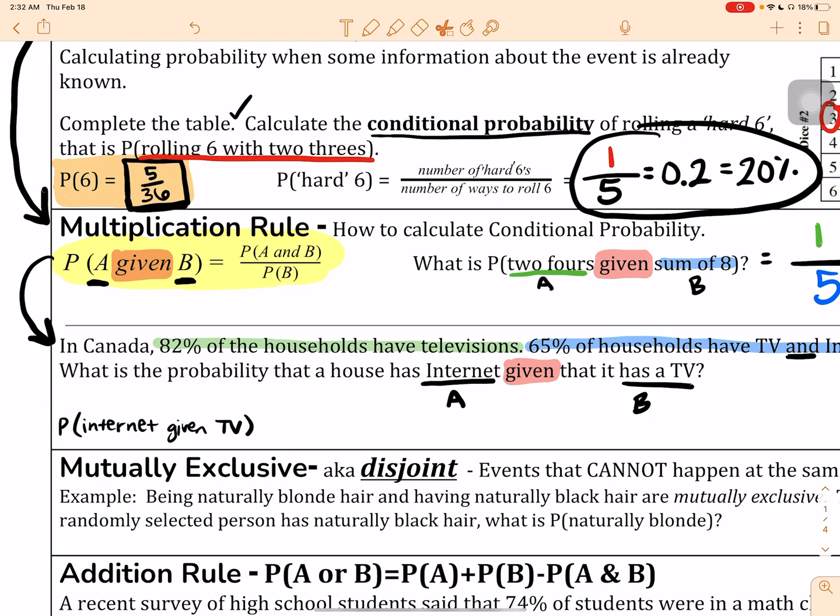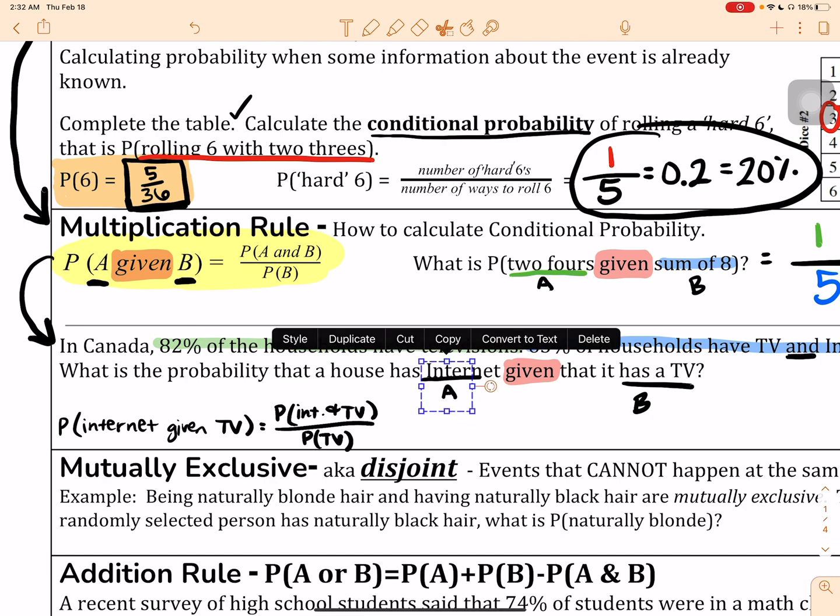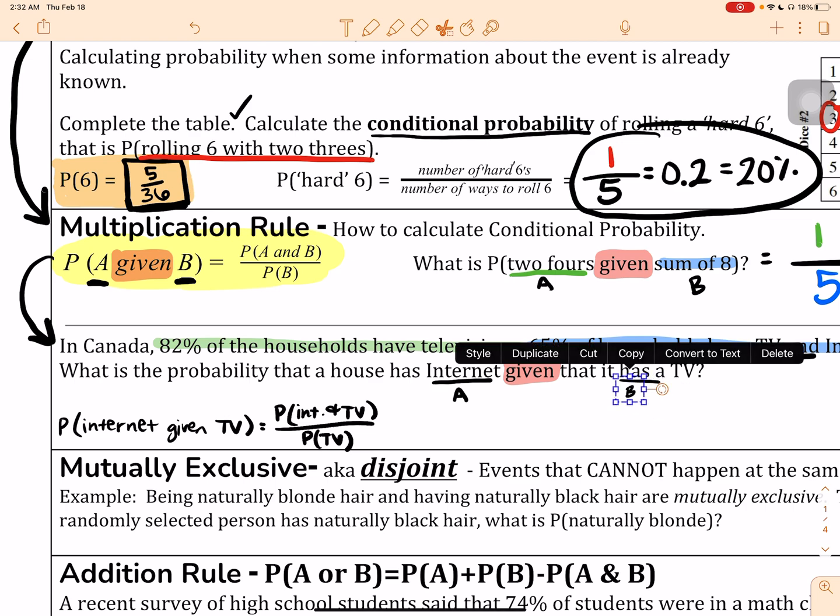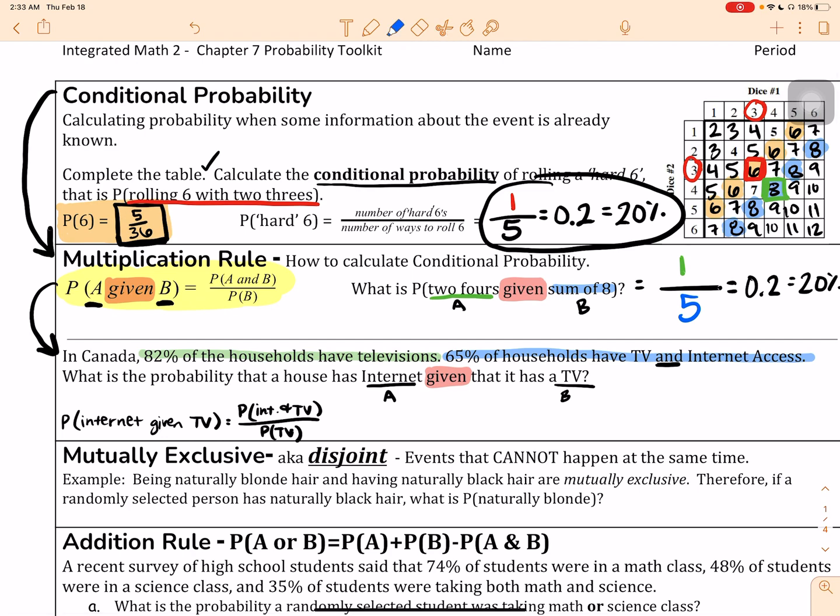This one would be the probability of having both internet and a TV over the probability of just having a TV. We're only looking at the people who have a TV. There we go. All right, so it tells us the probability of internet and TV in that blue section there I highlighted. It says 65% of households have TV and internet access.